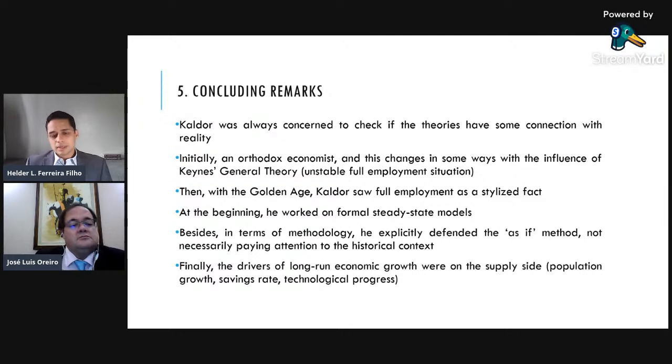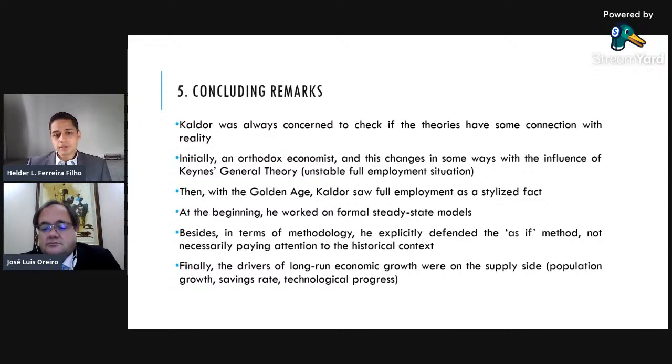Now, concluding my presentation, I would say that Kaldor was always concerned to check if the theories have some connection with reality. Initially, he was an orthodox economist, as we saw, but this changed with the influence of Keynes's General Theory. Then, with the Golden Age, Kaldor saw full employment as a stylized fact.